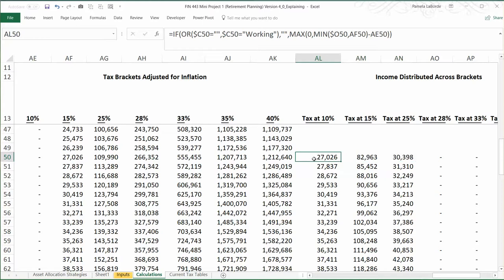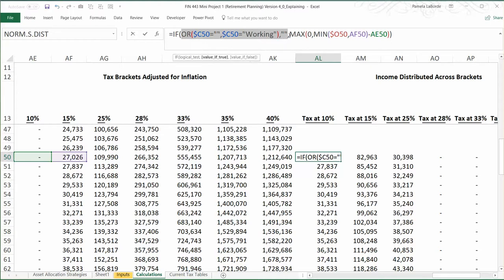So let's look at the formula. I basically said if they're dead or if they're working, then I don't need to calculate the taxes because that means they're not withdrawing out of their 401k, so just put nothing.